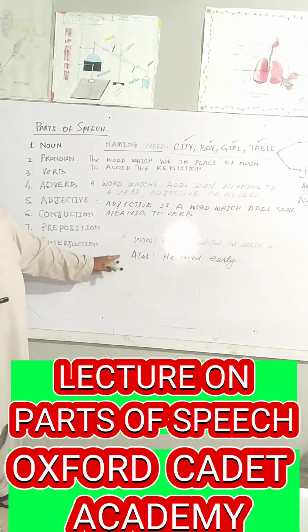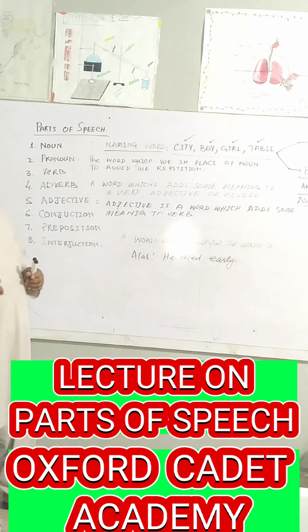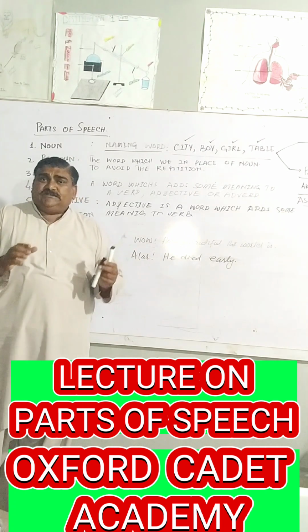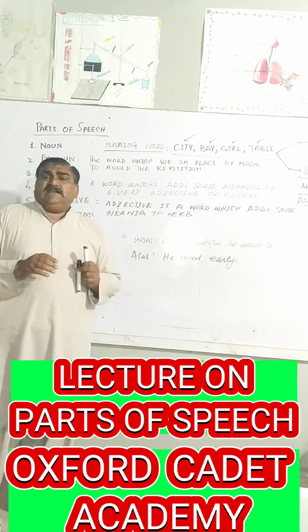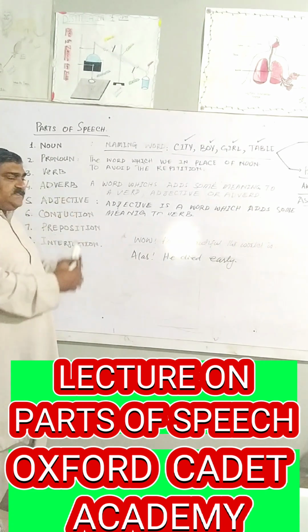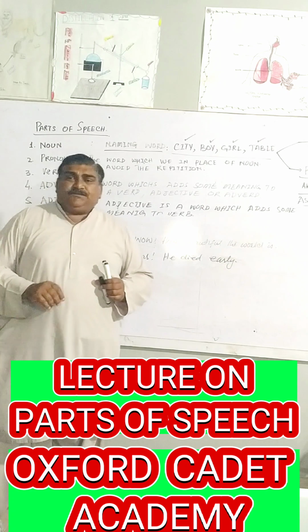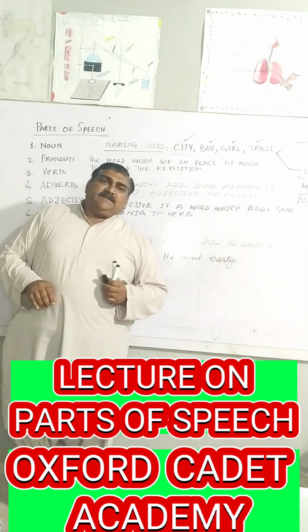So these types of words we use are called interjections. The words which we use for sorrows and griefs are called interjections. Right? Yes, sir. You all understand all these things? Yes, sir. So these are all the eight parts of speech.